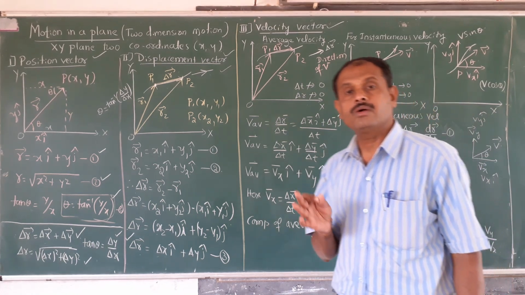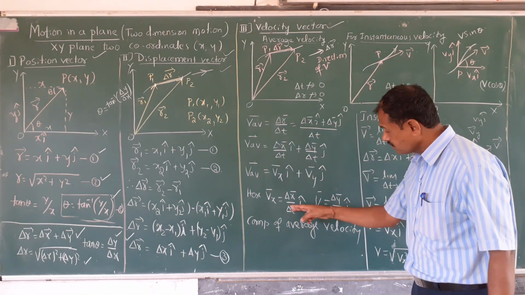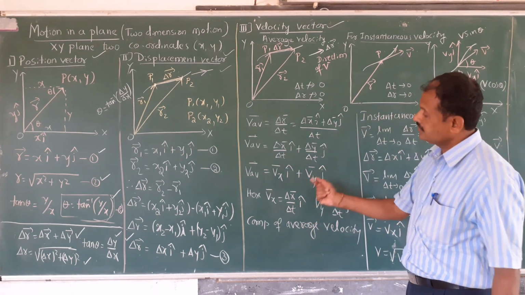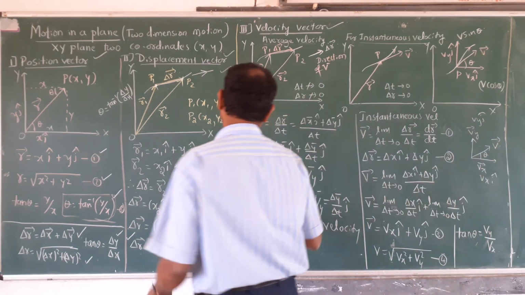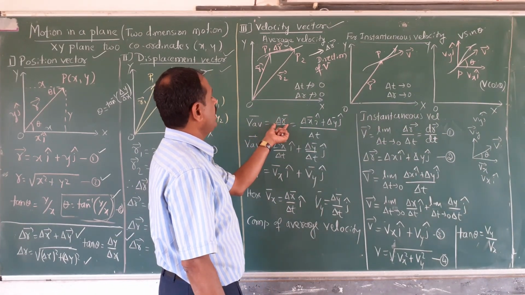If we write x, it is one dimension; including both x and y is two dimensions. When do we write Δr? Δr indicates two dimensional motion.